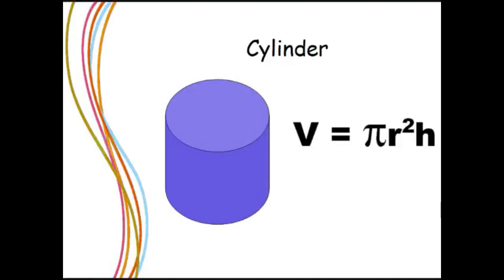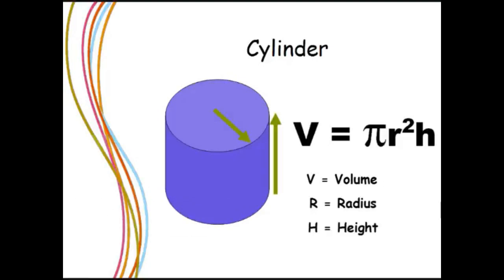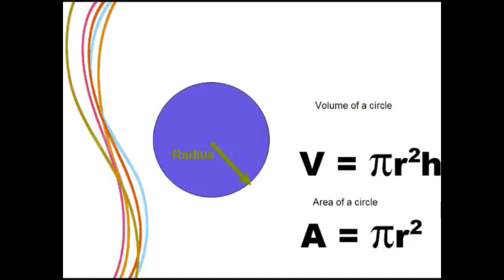The formula for the volume of a cylinder is V equals pi times the radius squared times the height, V representing volume, R representing radius, and H representing height. This is a fairly similar formula to the area of a circle. As you can see though, the formula for the volume of a cylinder includes height.